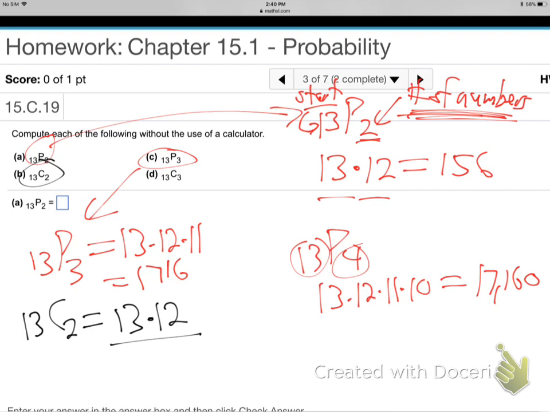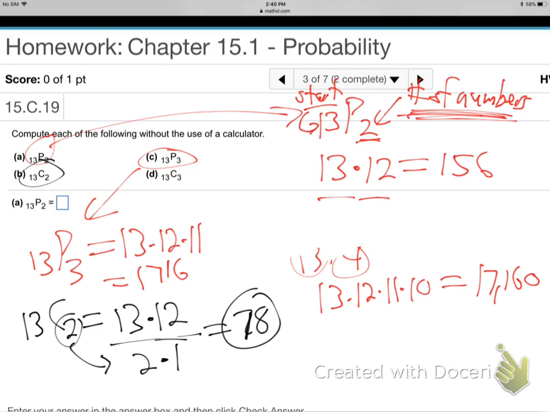You divide it by the second number factorial, or second number all the way down to 1. How about 2 times 1? So the C has a cut, has a dividing in there. So whatever that is, that would be 78. Does that make sense?